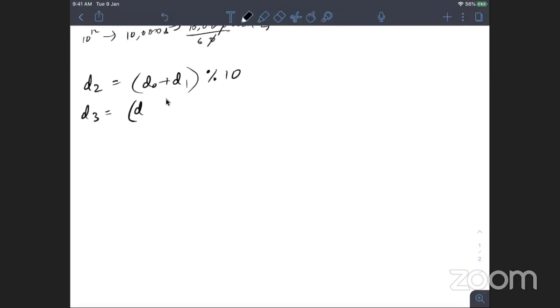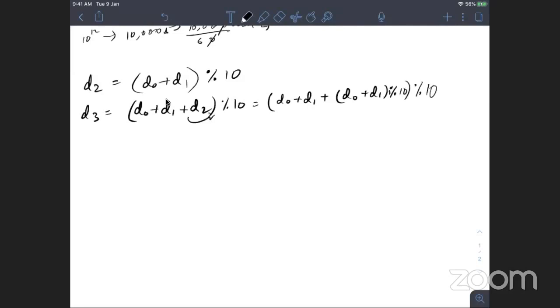D3 is D0 plus D1 plus D2 mod 10, which is D0 plus D1 plus D0 plus D1 mod 10, since I'm just replacing D2 with this expression.